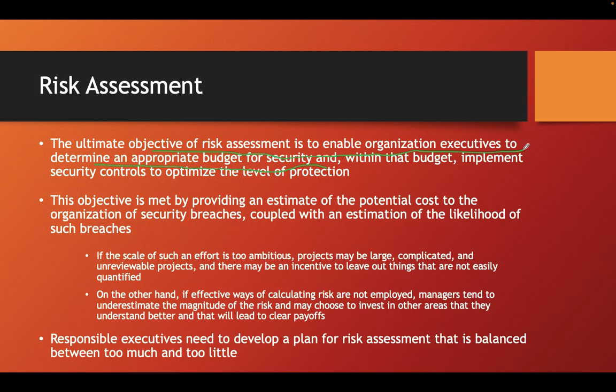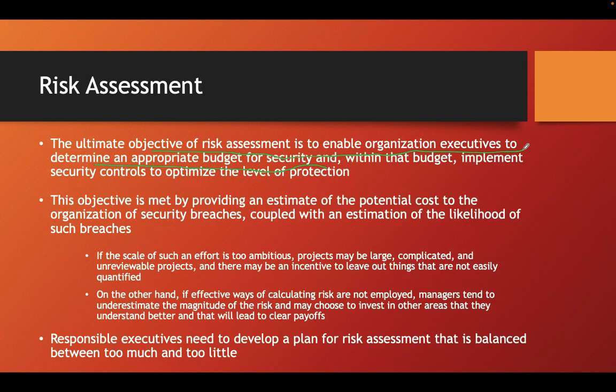You'll be able to give a proper plan. Within that budget, you'll be able to implement the security controls to optimize the level of protection needed to protect the enterprise network and system, and also to protect the organization and the individuals whose personally identifiable information has been collected in the first instance.